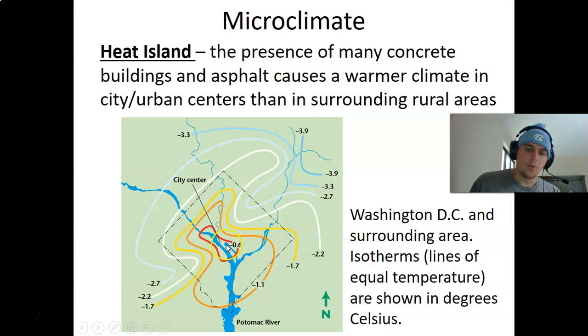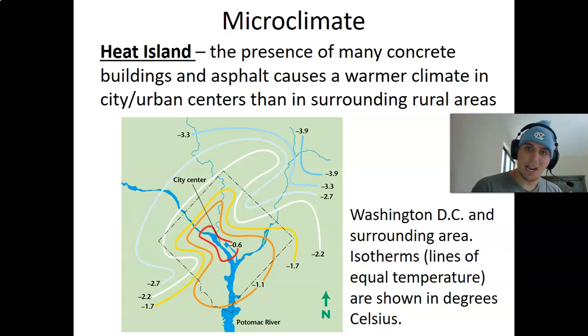So right here in the city center versus out here in the country, there's a difference of almost 4 degrees Celsius. Now, it doesn't sound like a lot, but if you convert that to Fahrenheit, that's somewhere between 8 and 10 degrees Fahrenheit.